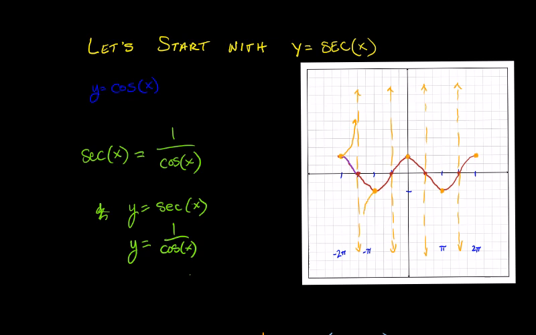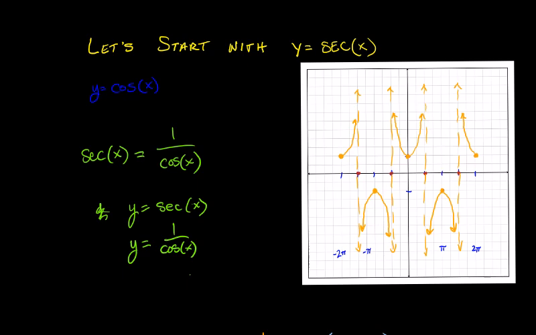And then this one will go down, and then this one will go up, and down, and up. Alright, I'm going to erase the red graph so that you can see just what a secant function would look like. Okay, and so there's our secant graphs.